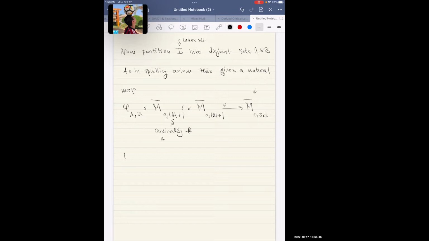So the image of phi of AB is a divisor in M bar 0 3D. Yes, this does make sense to you. Why? Because I have partitioned 3D points. The partition is given by A and B, and A has 2 of them, and B has 2 other ones.